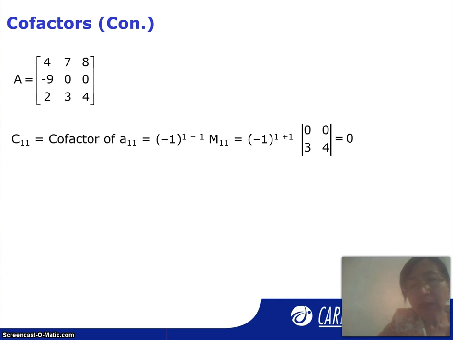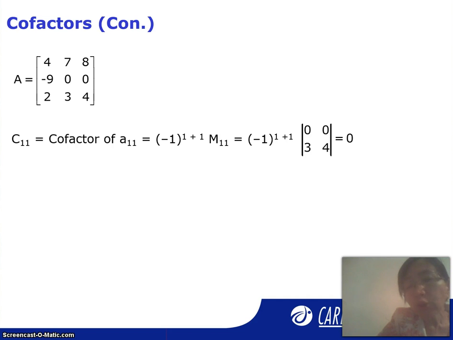So we have minus 1 in the degree 1 plus 1, and minor M11 will be equal to the second order determinant 0, 0, 3, 4. So now let's calculate the determinant.